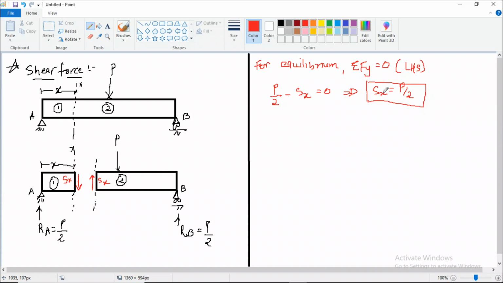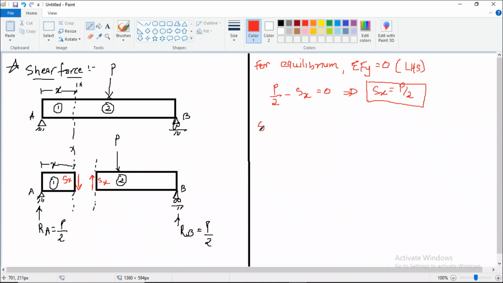So therefore we can say that shear force at any section XX is the internal transverse force which is developed to maintain free body equilibrium either on the left portion or on the right portion. Or we can say that shear force at a section can be understood as a resultant transverse force either from the left or from the right.